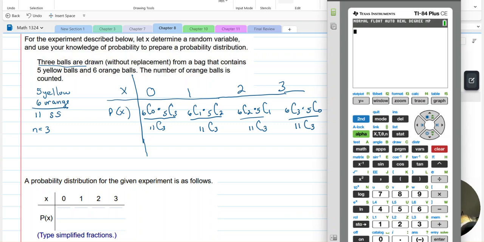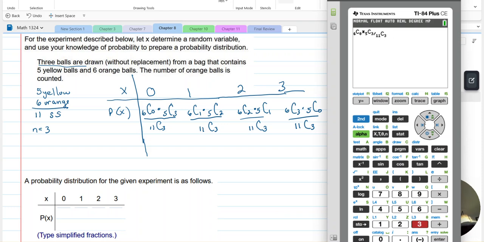So here we go. 6, math, PROB, number 3, and we're choosing 0, and I get a side arrow for times, and then I'm going to do 5, math, PROB, number 3, choose 3. Good, yes. I'm going to divide that whole thing by 11, math, PROB, number 3, 3.